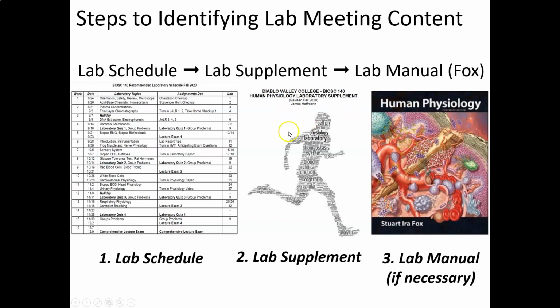So the lab book, for the supplement we'll always use, and then often that'll direct us to where to go for Fox. The Fox is nice because it has great background information, very succinct, fairly well written, fairly in depth, but easy to understand, that you would be responsible for on laboratory exams.